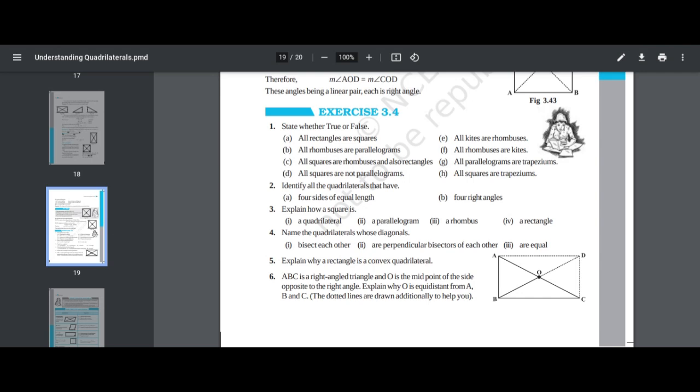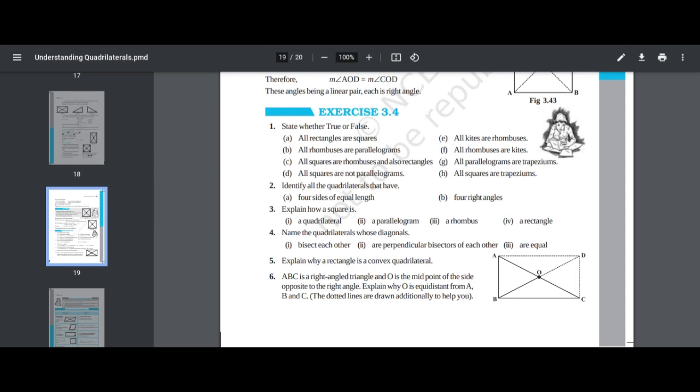E part. All kites are rhombuses? No. Done?